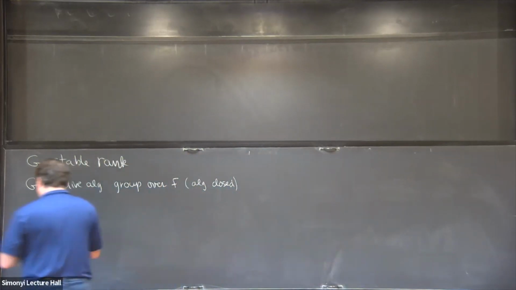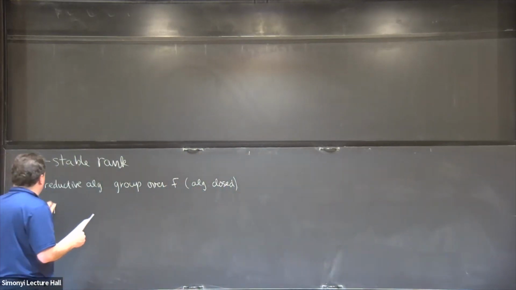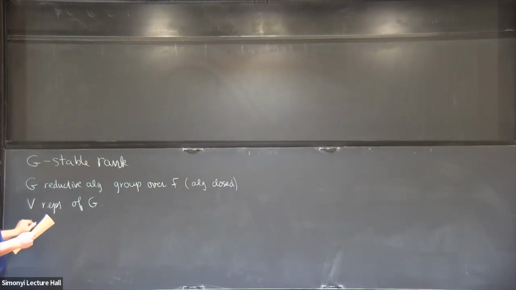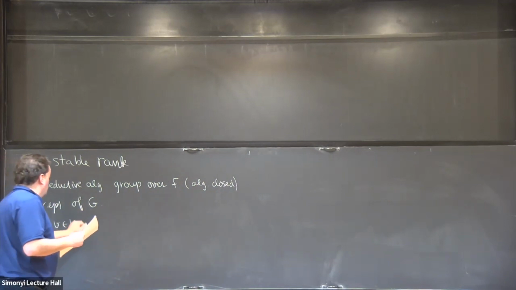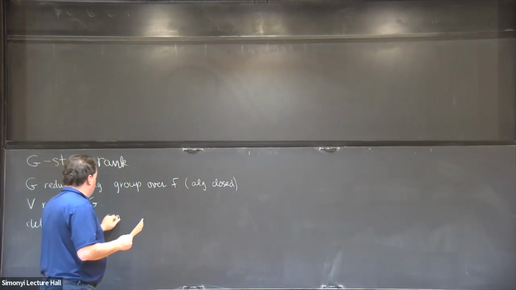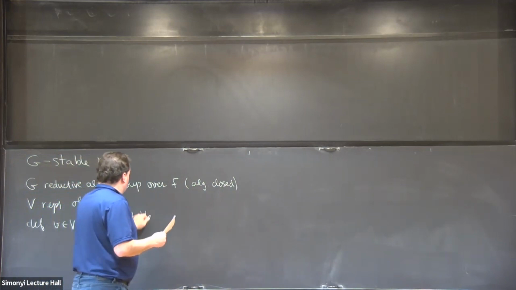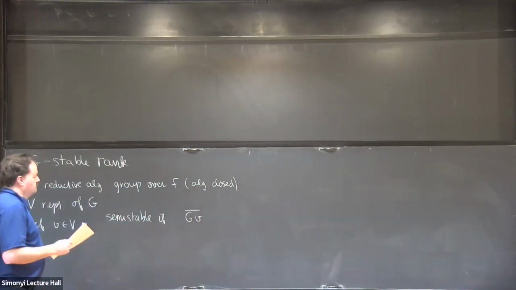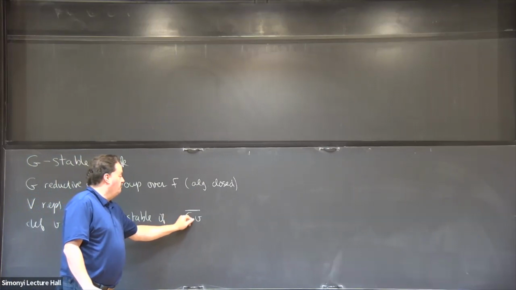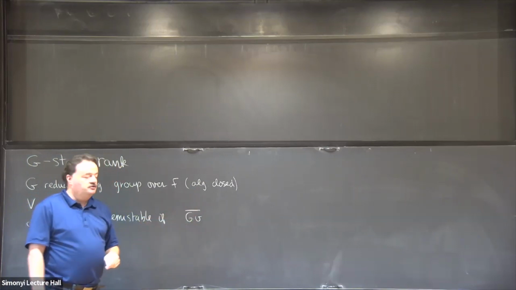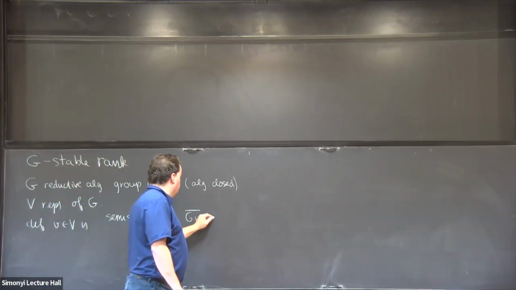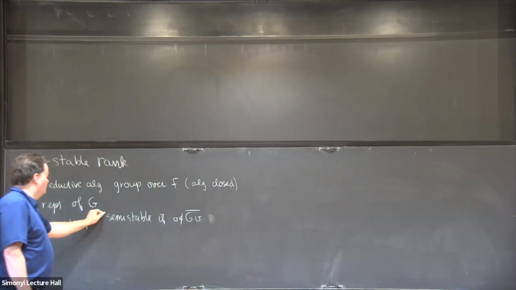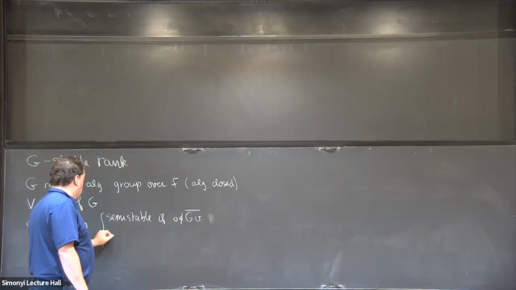And say V is a finite dimensional representation for G. Then an element in V is called semi-stable if you take the orbit with respect to this group, and then take the Zariski closure of the set, and that doesn't contain 0. Otherwise it's called unstable.